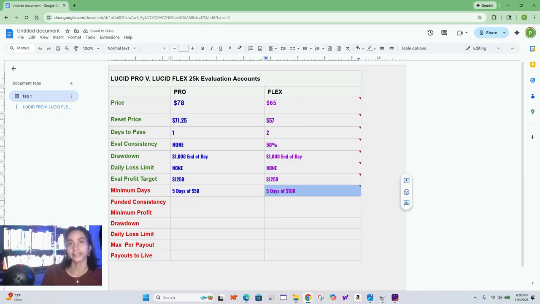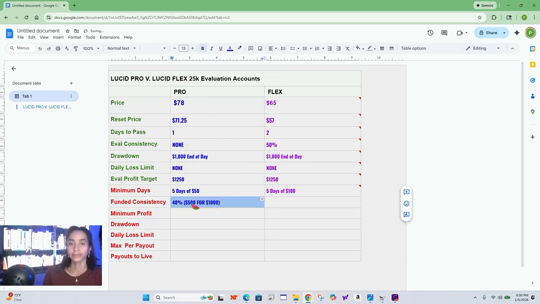Funded consistency. So for the Pro account, there is a 40% consistency requirement. So for instance, if the profit in your account when you want to make your payout is $1,000, that would bring you at around $500 per day in order to meet that consistency.